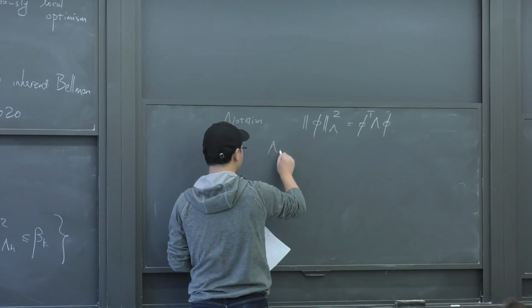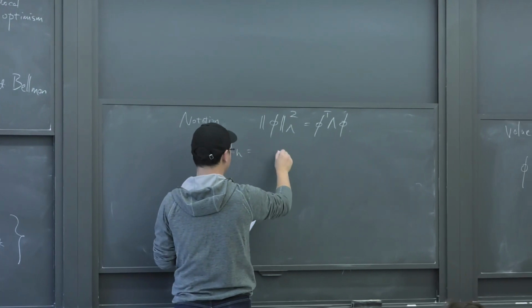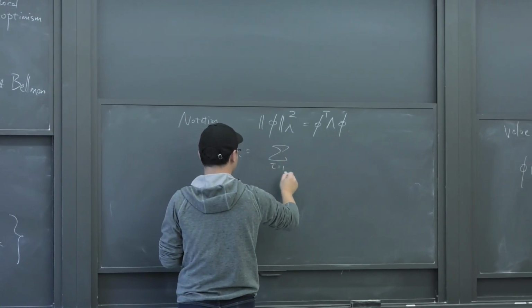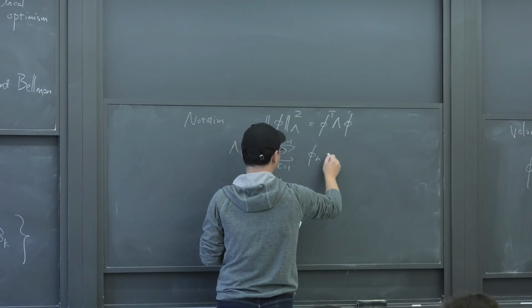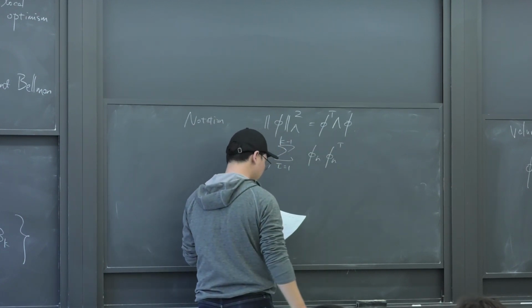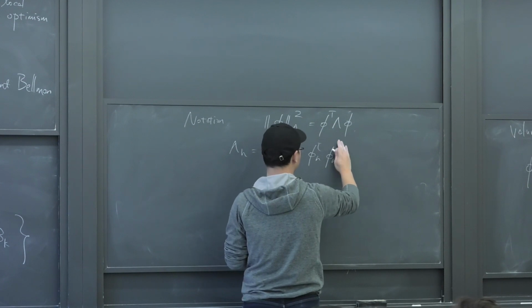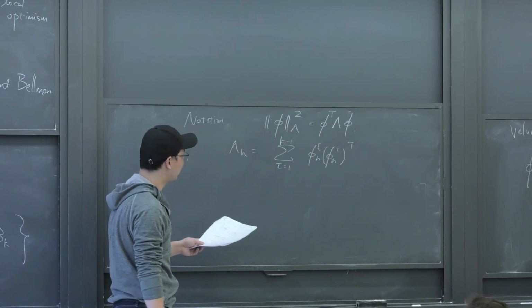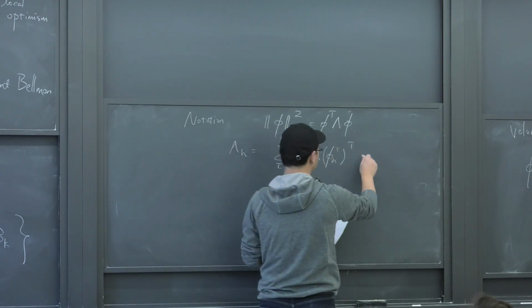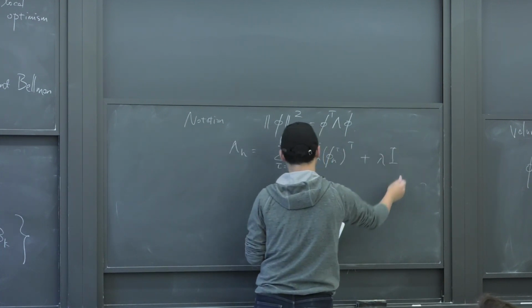By Lambda_h, we mean the Gram matrix we talked a lot about earlier, which is the sum from tau equals 1 to k minus 1 of phi_h^tau times phi_h^tau transpose. Again, all the previous feature vectors summed together, plus some lambda I, which is a small regularization.